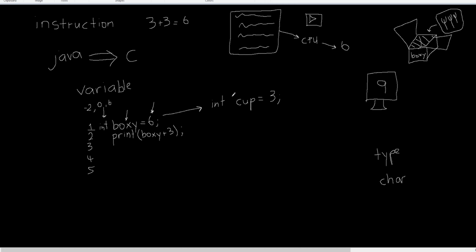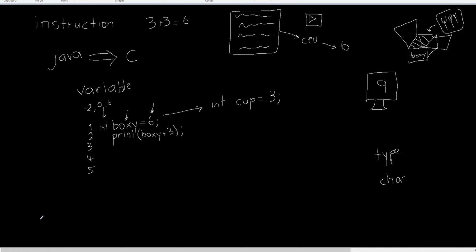So if I was to declare a character, I wanted to call this variable name, and this character had a value of f. How would that look like? Because that seems a little scary.